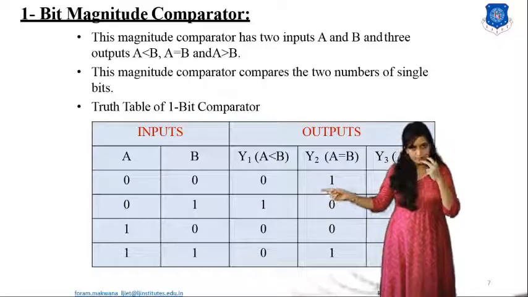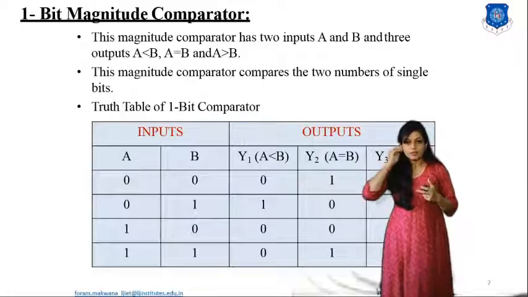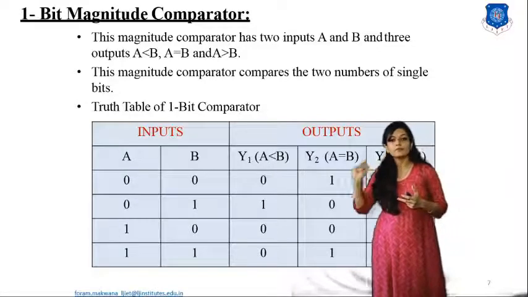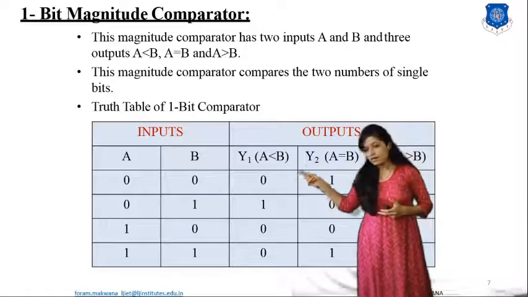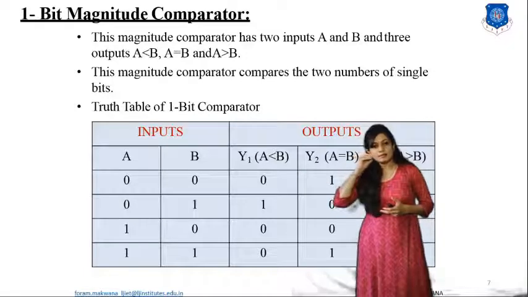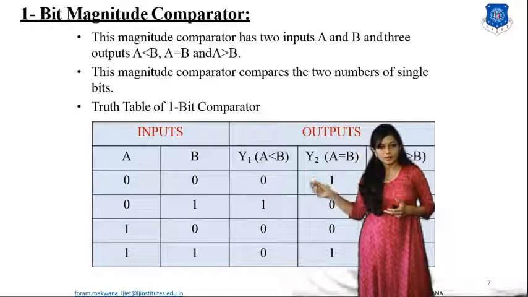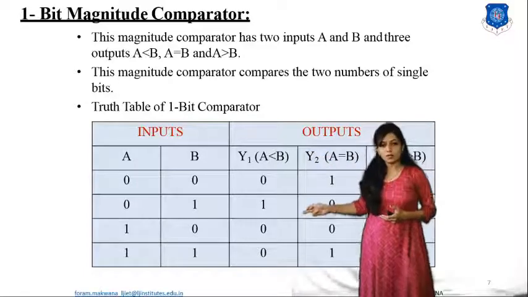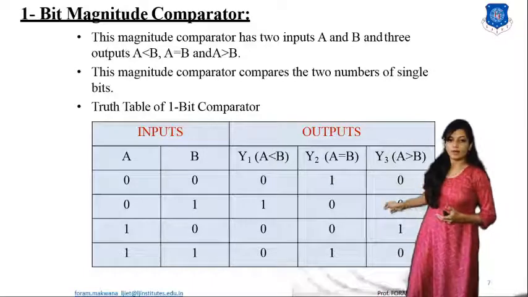Now A is equal to 0 and B is equal to 1. So A is less than B. That's right, Y1 becomes 1 and these two are 0.